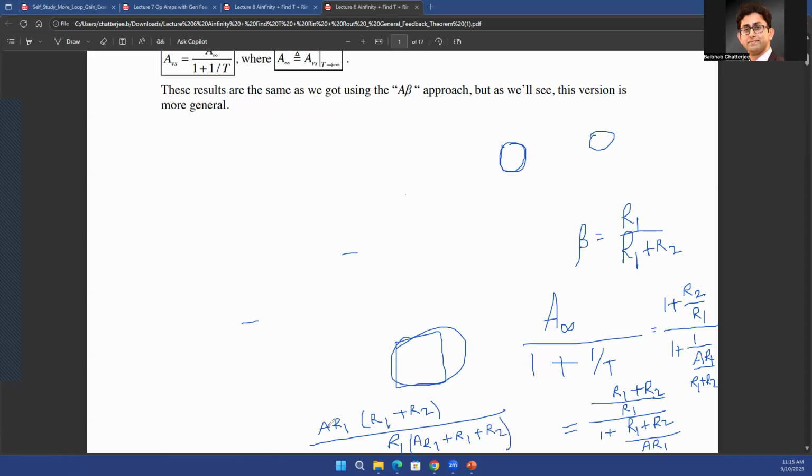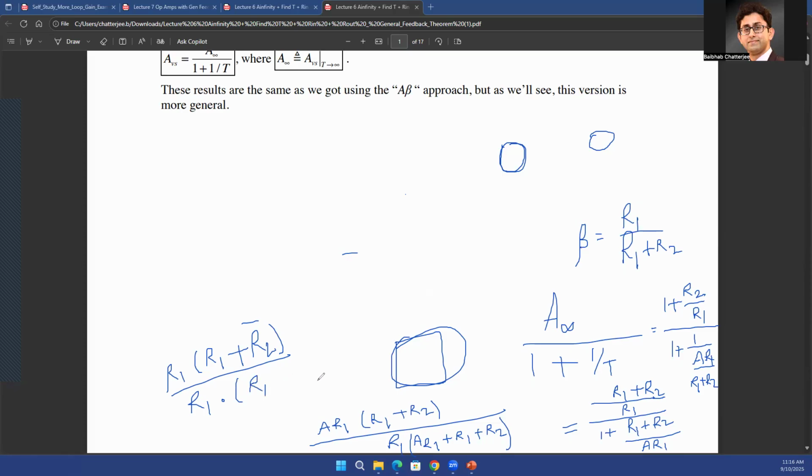Now, if you have your A to be infinitely large, of course, you can divide your numerator and denominator by A. In the numerator, you'll be having R1 times (R1 plus R2). And in the denominator, you're going to have R1 times A R1 divided by A, that is going to be just R1.